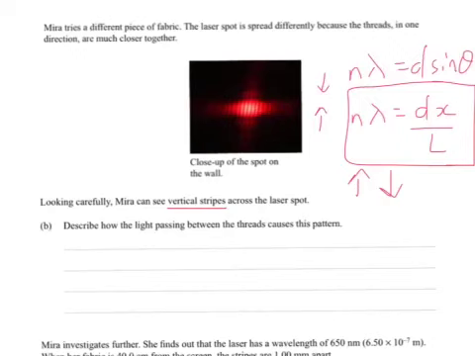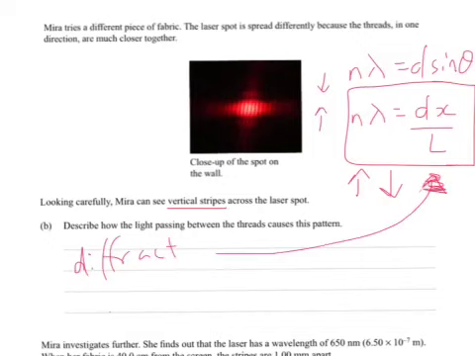I don't like the marking schedule answer for this, so I'm going to try and tease this out a little bit more. Describe how the light passing between the threads causes this pattern. So the light passing between the threads has to diffract, and it'll diffract according to this equation here.